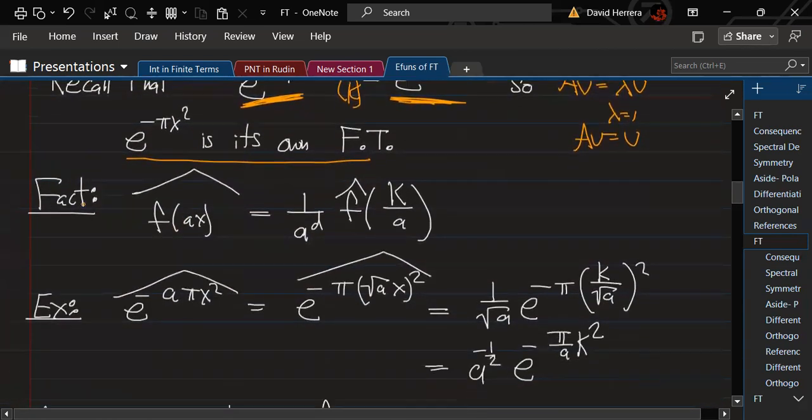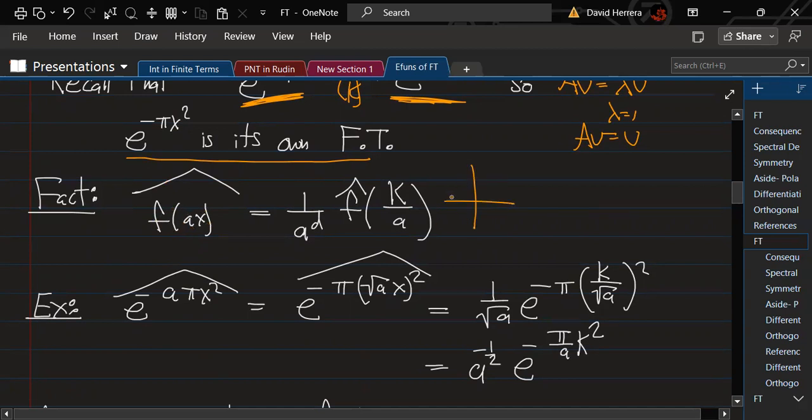Now, this is a fact: if you have this Fourier transform and you're applying it not to f of x, but to f of ax, where maybe f of x is a Gaussian like this. Now, f of ax is squished, because here a is going to be bigger than 1. So I've shrunk the function horizontally using some kind of transformation.